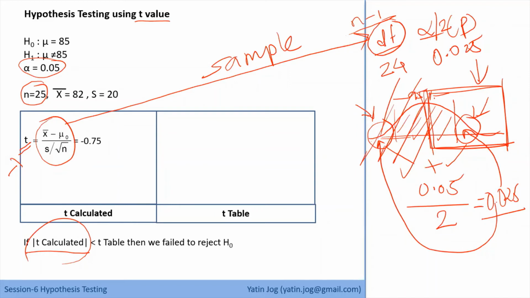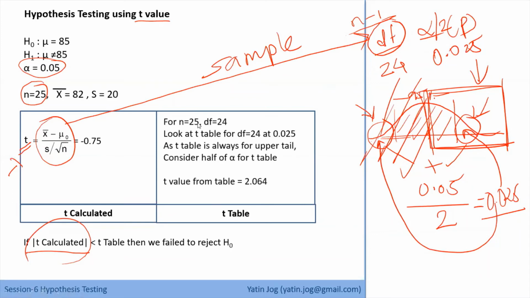So now tell me, what is the value for row 24 and column 0.025? Very good. So for n equal to 25 and df equal to 24, look at the table at 0.025.